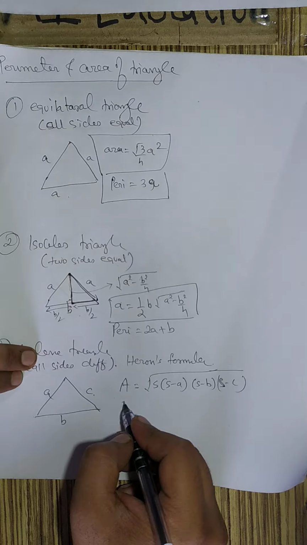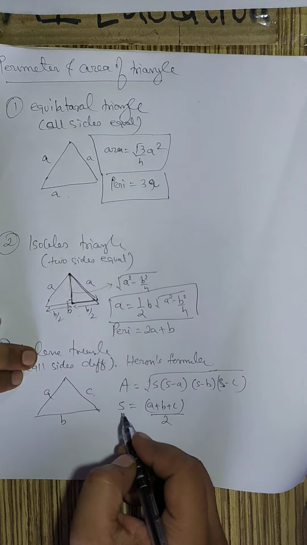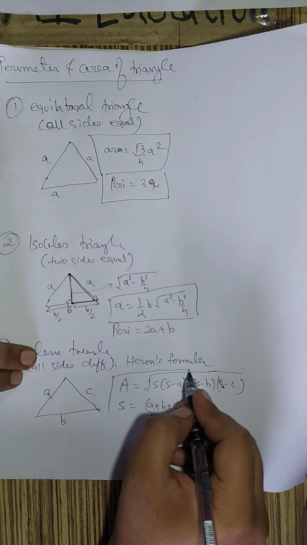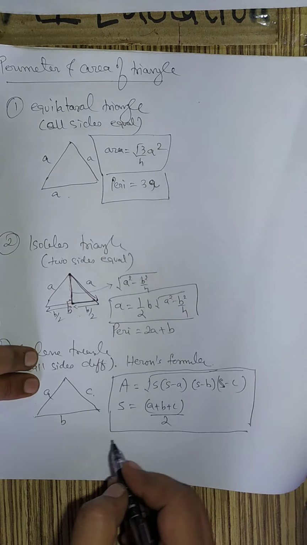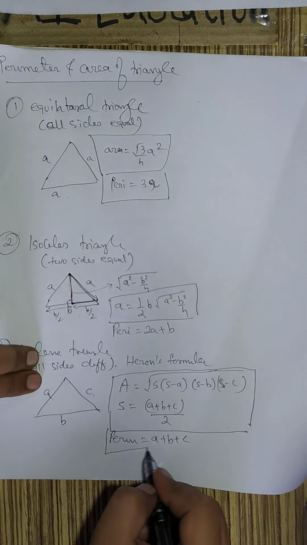Now here the value of s is sum of all the sides divided by 2. So this is the area of triangle. And perimeter, obviously it will be sum of all the sides, a plus b plus c.